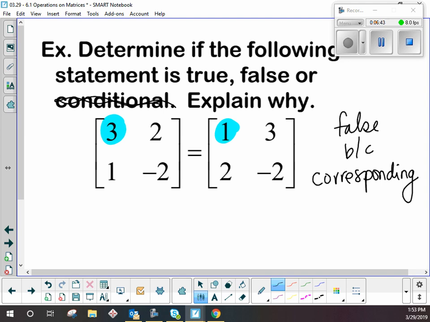But I really like corresponding entries aren't equal. So those two matrices aren't equal. They're the same size, but their values are different.